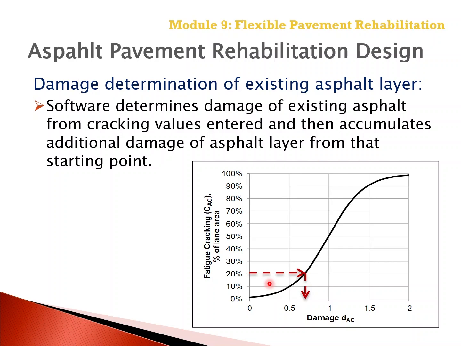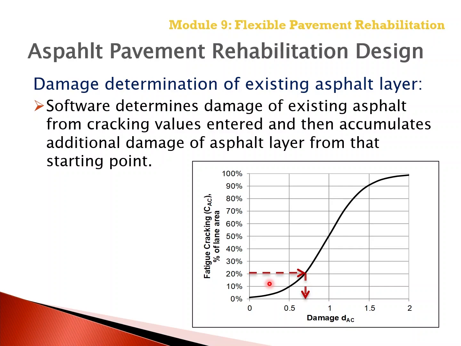As a reminder also, the rutting damage is determined in the same manner, but from the rutting assigned to individual layers. The strain hardening concept is used to determine the starting point for the rut depth accumulation in the existing pavement layers.